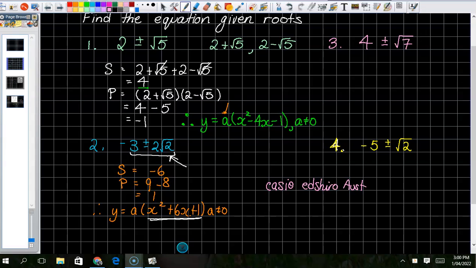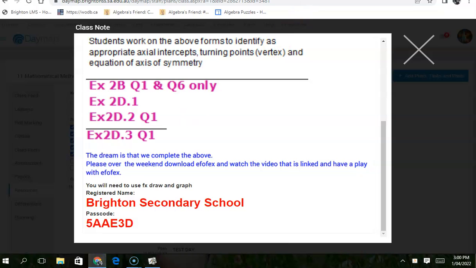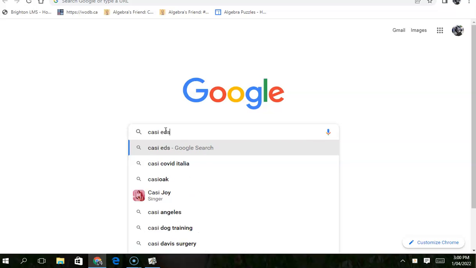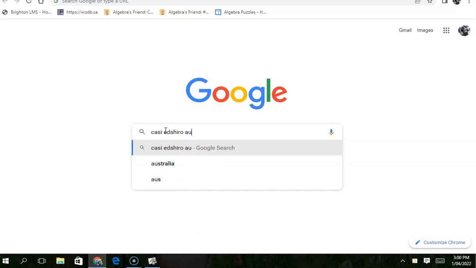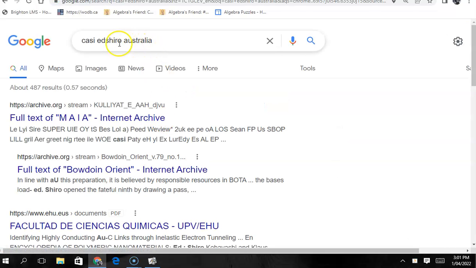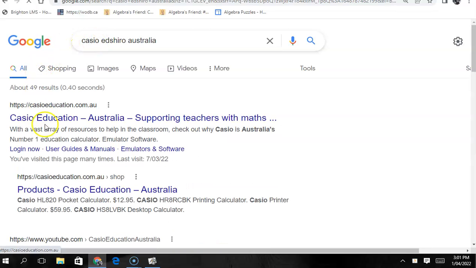If we Google that, sorry for people who are still using Casio. So we click on that top one. You probably could have even clicked on the second one, I guess.